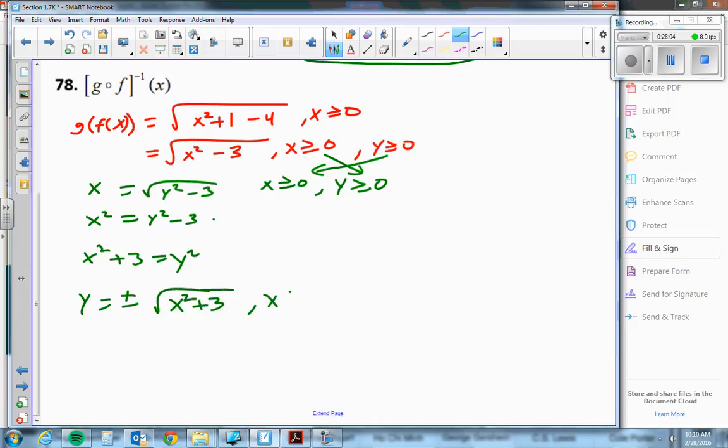But once again, with these restrictions, it's really just the top half. You can't have any negative y values from this, so you can lose the minus part of it.